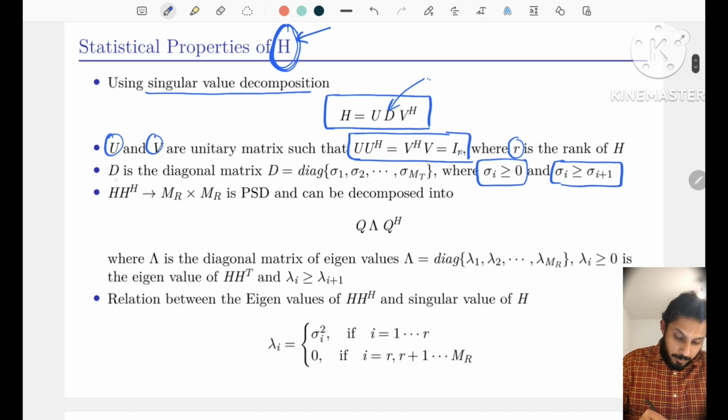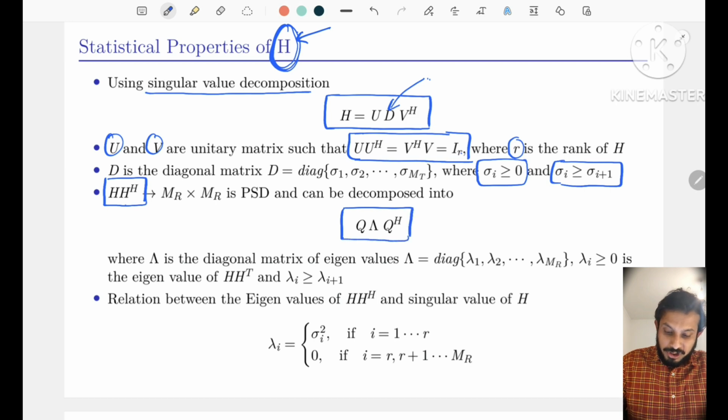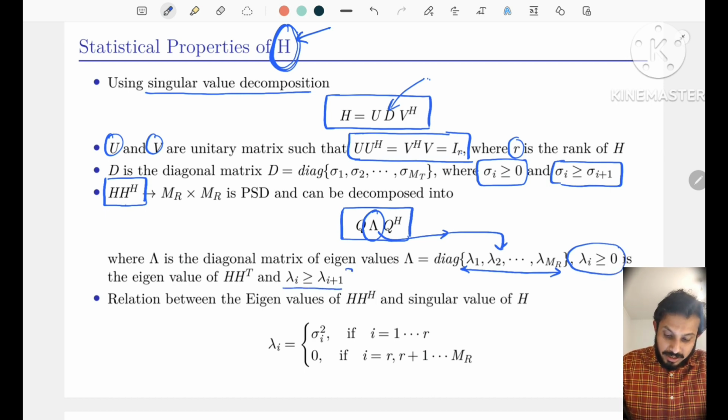Then if we compute H H Hermitian, we can also decompose it into Q lambda Q Hermitian, where lambda is again a diagonal matrix which contains the eigenvalues of H H Hermitian. Similar to the singular values, the eigenvalues are greater than or equal to 0, and they are arranged in decreasing order.